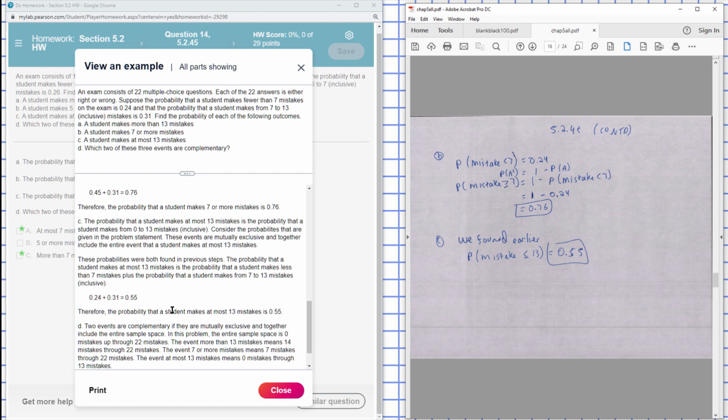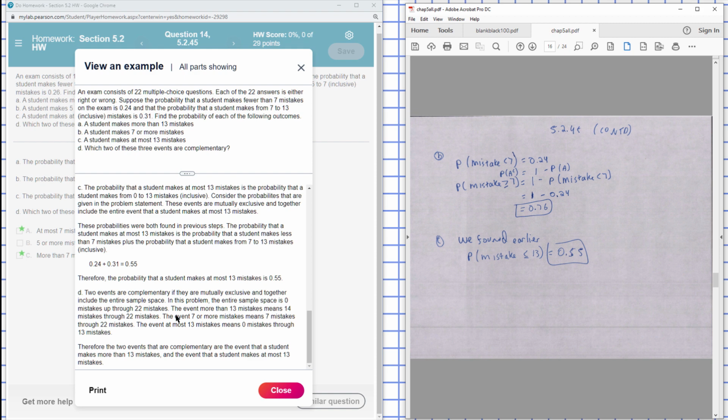Which of these three events are complementary? Two events are complementary if they are mutually exclusive and together they include the entire sample space. In this problem, the entire sample space is 0 mistakes up to 22 mistakes. The event of more than 13 mistakes means 14 through 22 mistakes.